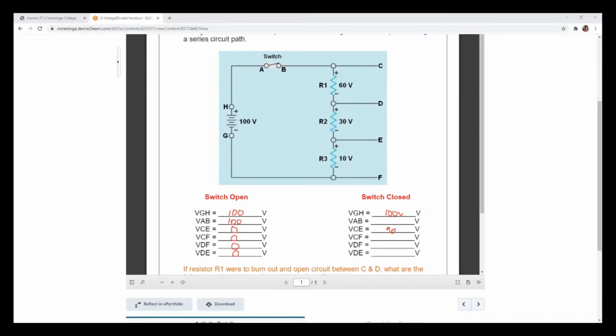Between C and F, it's going to be 100 volts. And this is just repeating that idea that voltages add up in a series circuit, okay? D and F, that's going to be your 40 volts.